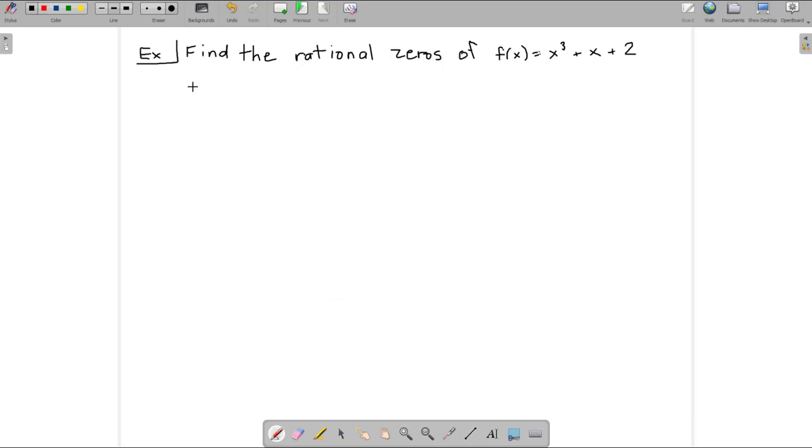So let's say that we're asked to find the rational zeros of f of x equals x cubed plus x plus 2. So we see this polynomial here, and we don't see an easy way to factor it. So what do we do now? Well, let's try our rational zeros test.